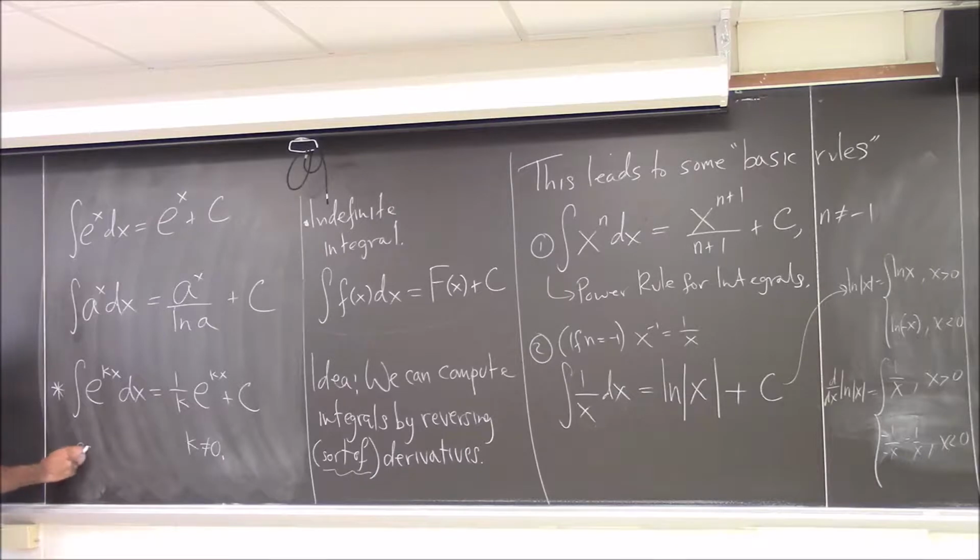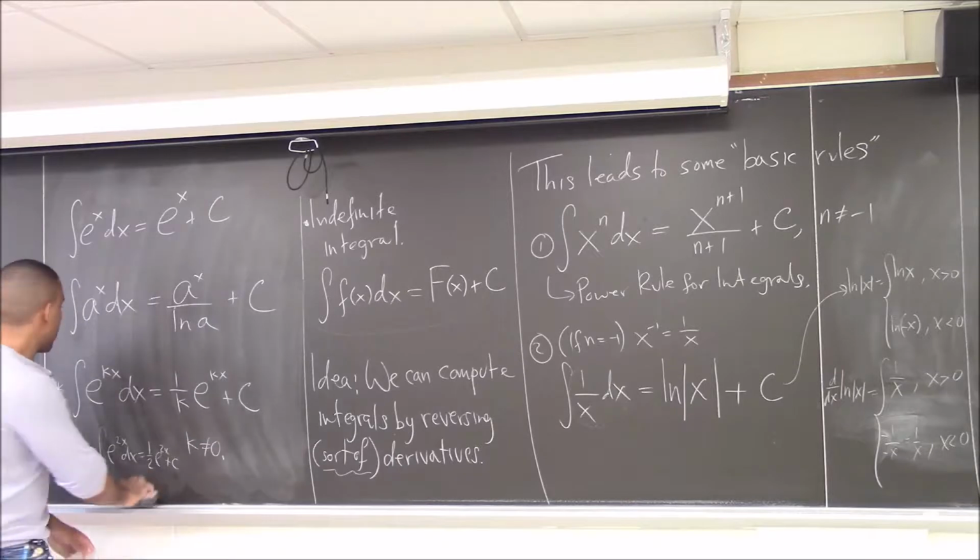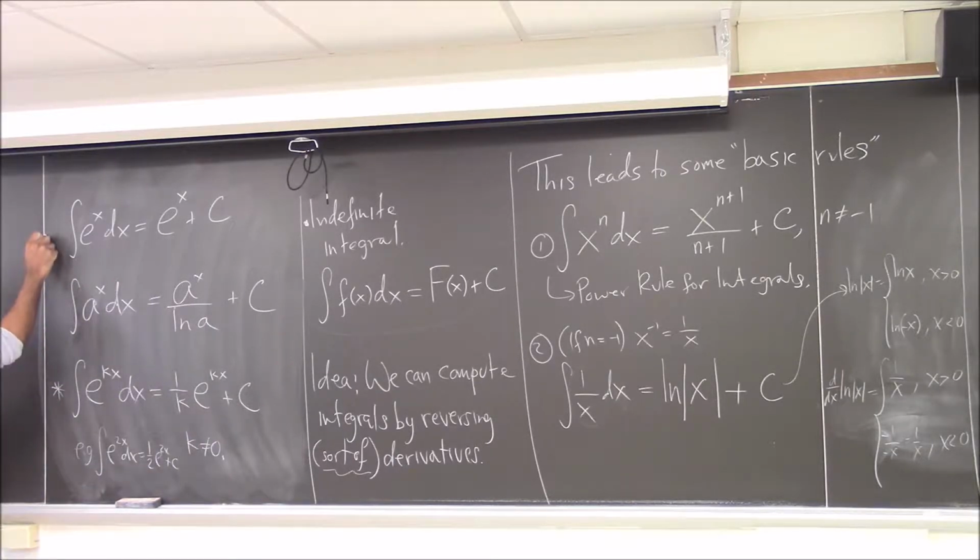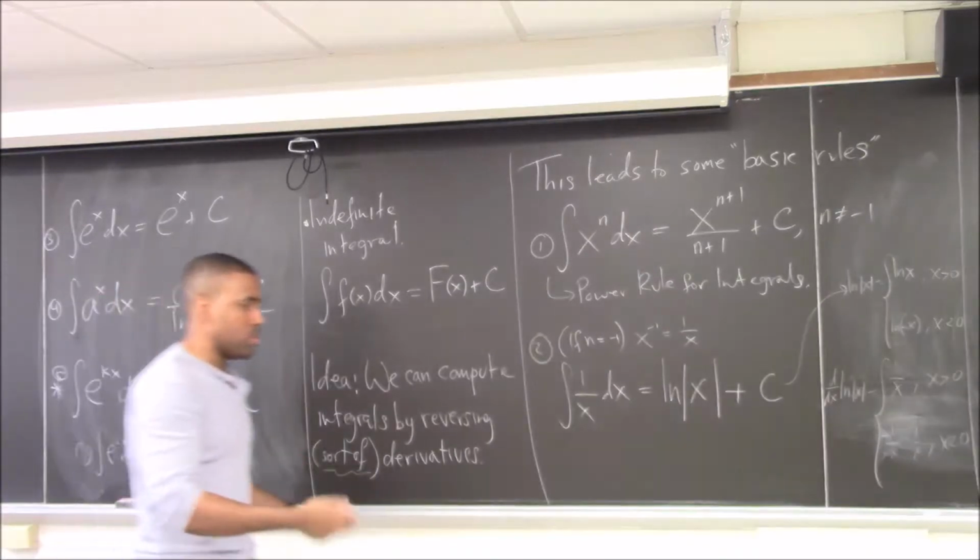For example, if I have the integral of e to the 2x, that's just going to be 1/2 e to the 2x plus c. And you'll notice that if you differentiate this, you get that. These are what I call our basic rules. These are the rules that we know now.